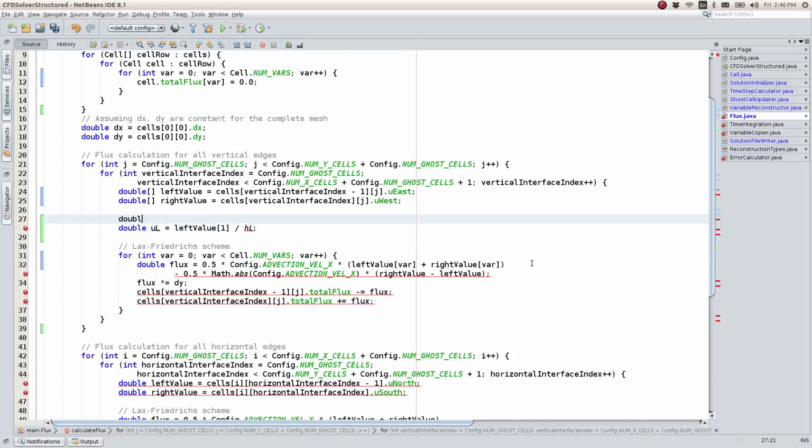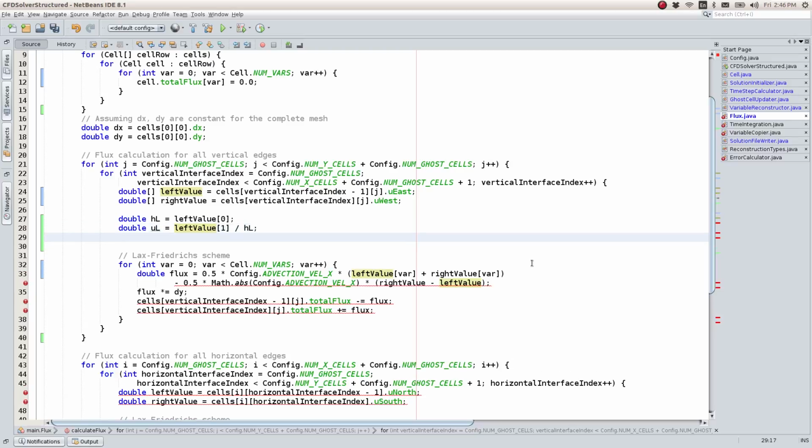Double HL is equal to left value 0. This is fine, UL, and double VL is equal to left value 2 divided by HL. So now I have all the required left values.